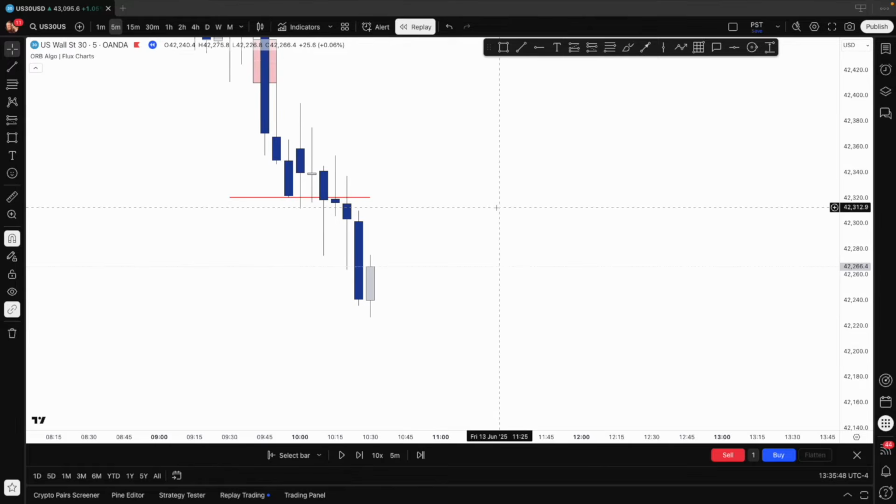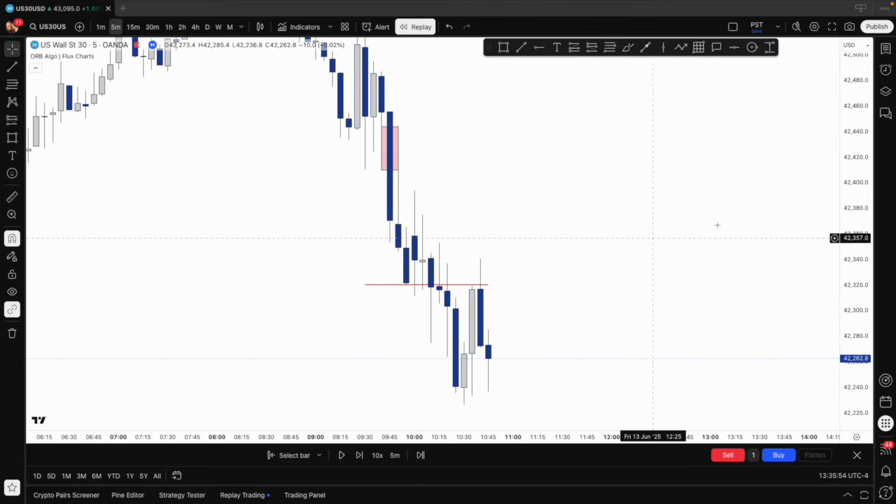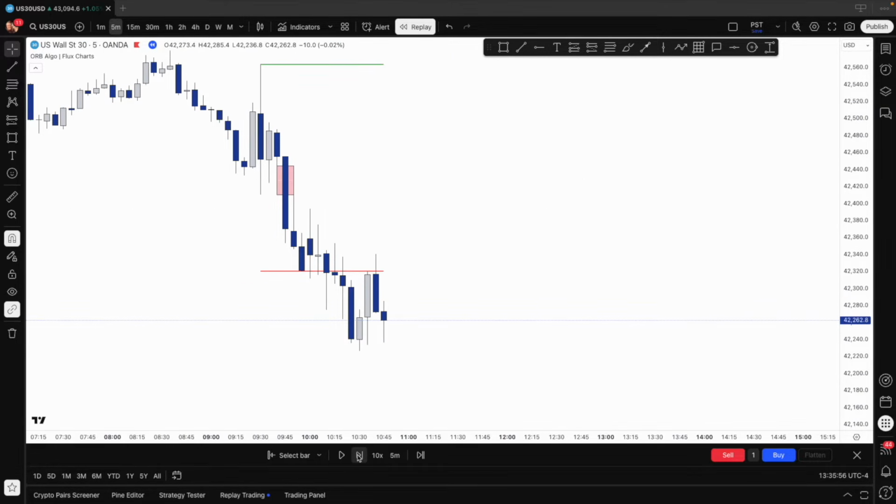We're continuing more down. There is no fair value gap created right over here. Let's play. Now you can see we left a fair value gap right over here. So this, I will make another video on how we can use this type of entry to target the upside.